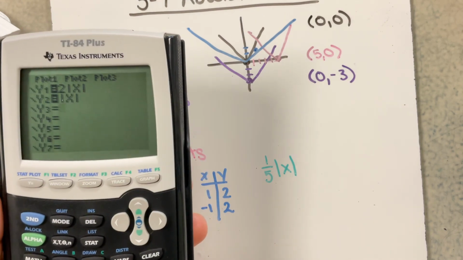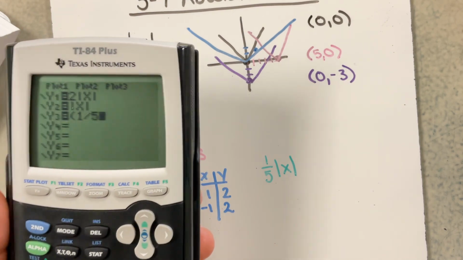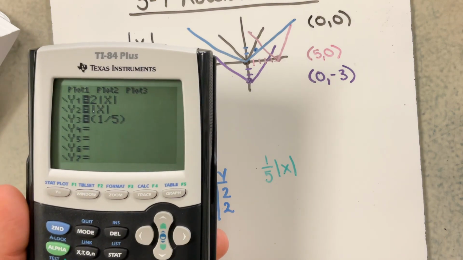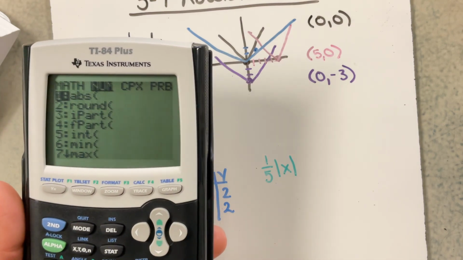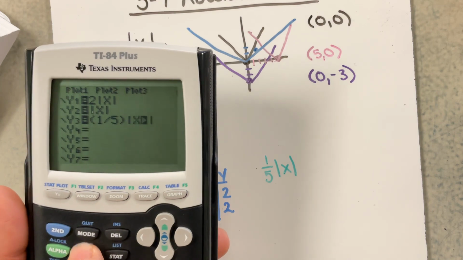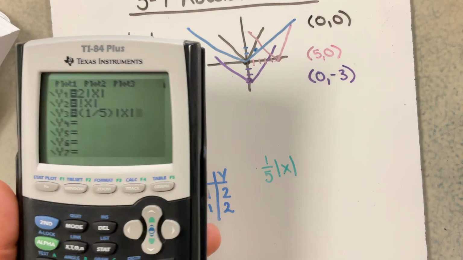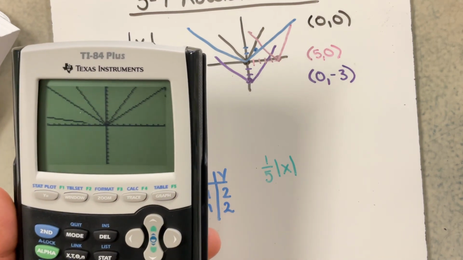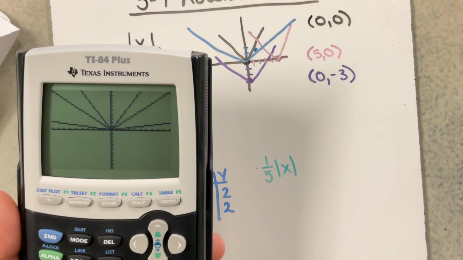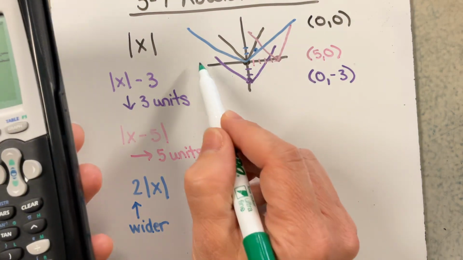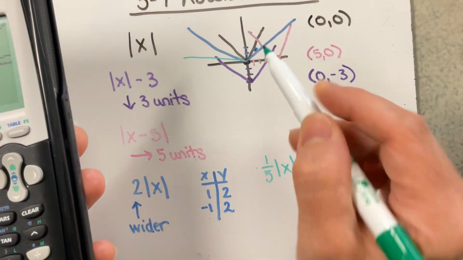I'm going to put 1/5 in parentheses so that the 1/5 stays together. Now math, number, absolute value, and I'm just going to type in an x there. And I'm going to hit enter, and let's see. That really made it wider, didn't it? So it was like all the way down here.